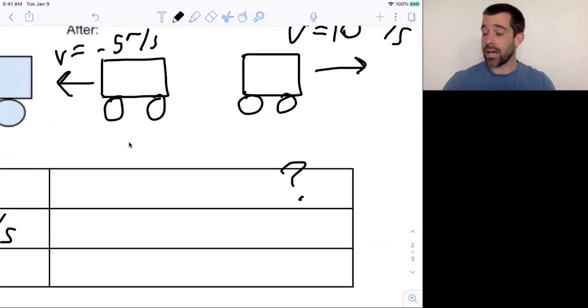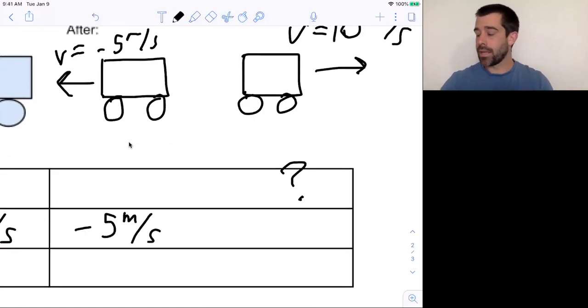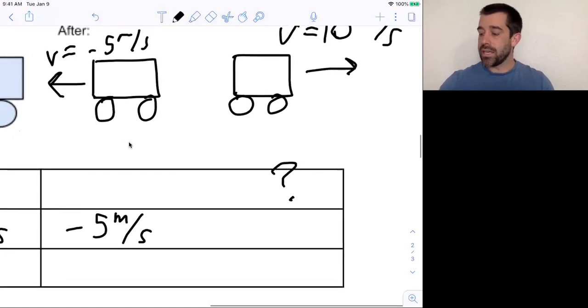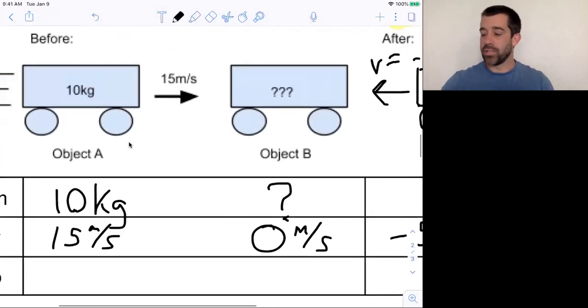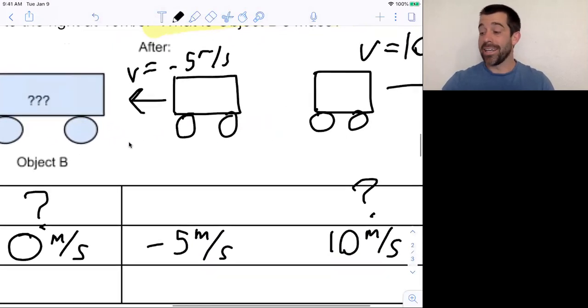At the end, I know that object A has a velocity of negative, the negative is very important, 5 meters per second because it's moving to the left. I know that object B has a velocity of 10 meters per second because it's moving to the right. I know that the mass of object A was 10 kilograms at the beginning, and so it's going to be 10 kilograms also at the end.